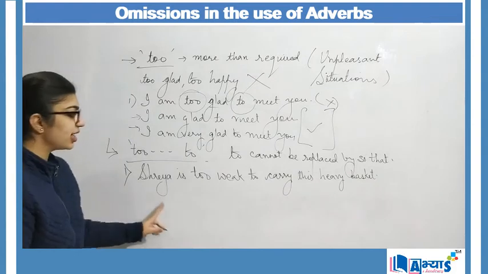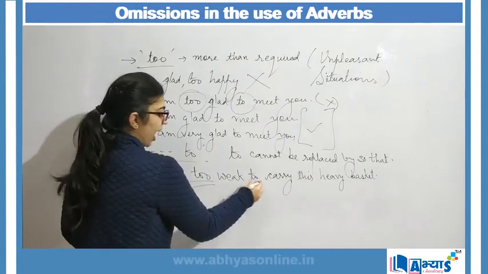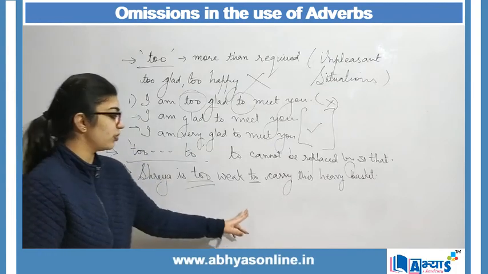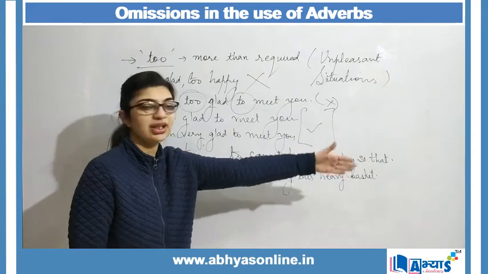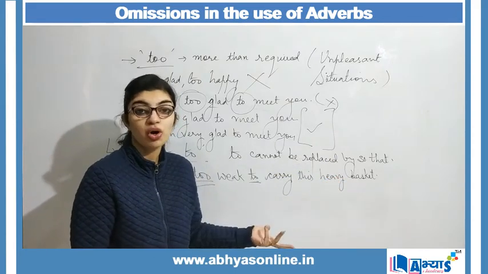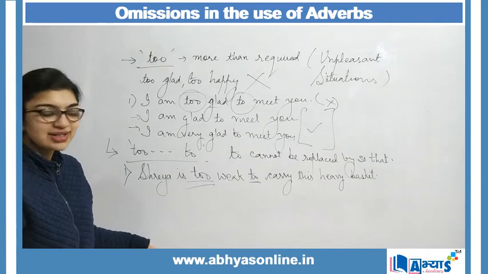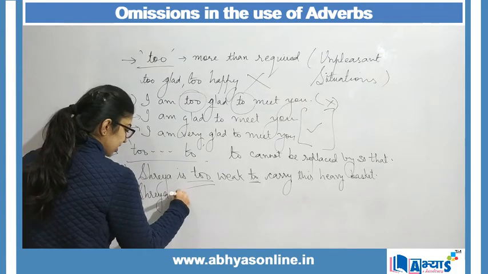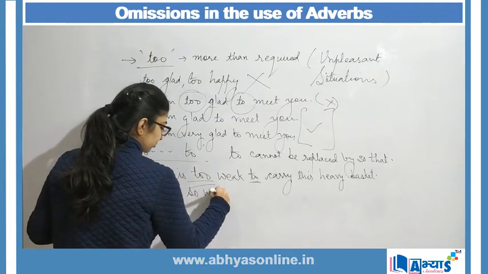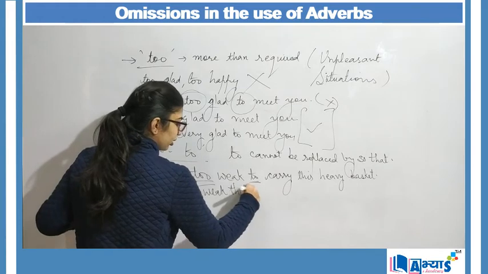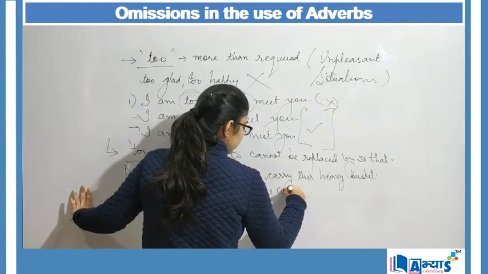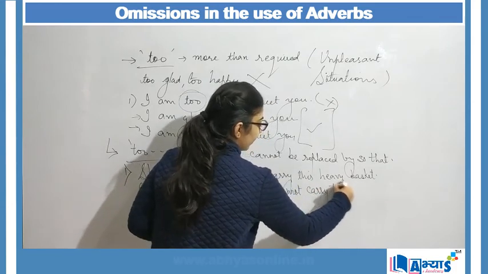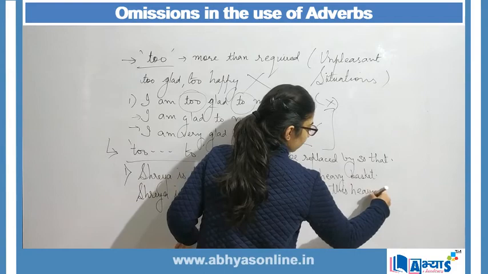When I say Shreya is too weak, here I am making use of too and to. This is the correct form, right? But when I say Shreya is too weak so that she cannot carry the heavy basket, that becomes wrong. I can modify this sentence as: Shreya is so weak that she cannot carry this heavy basket.